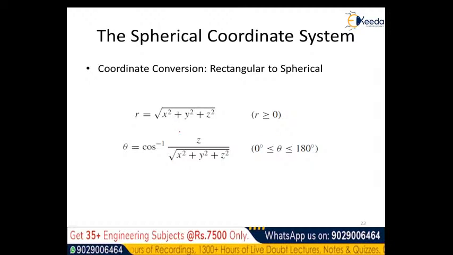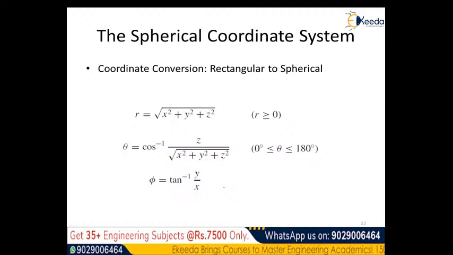So now we are successful in the conversion of two coordinates from rectangular to spherical: we have obtained the equation for r as well as the equation for theta. Now we require the equation for the third spherical coordinate, that is phi. For phi, we use the tangential ratio.